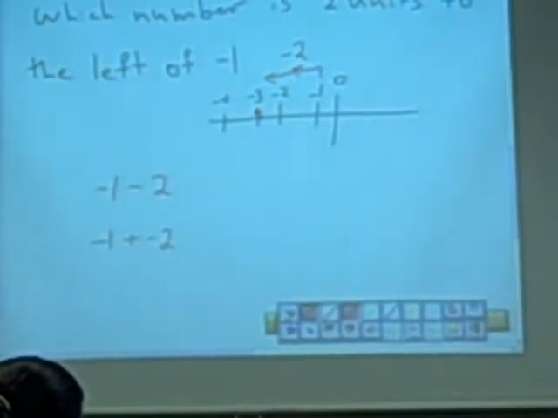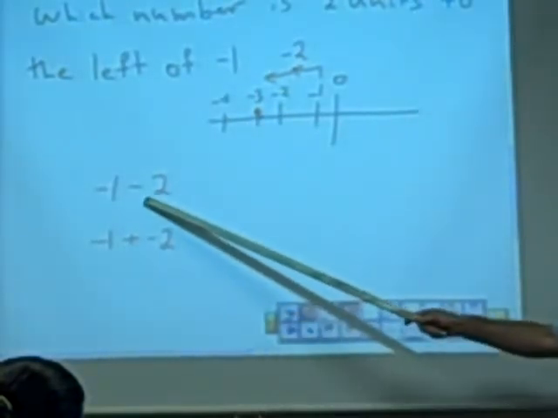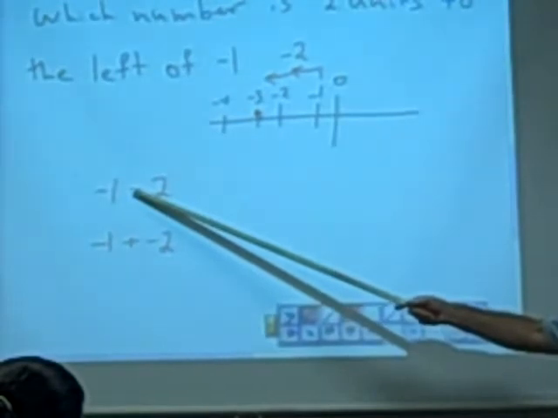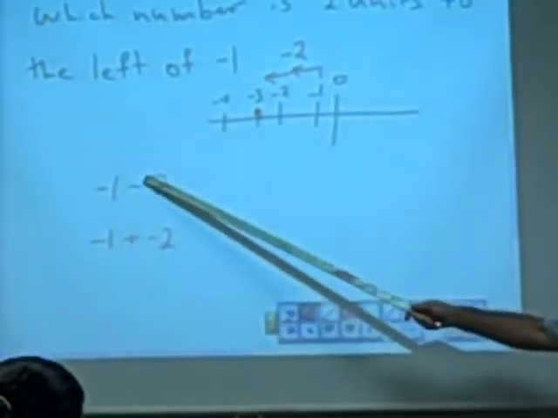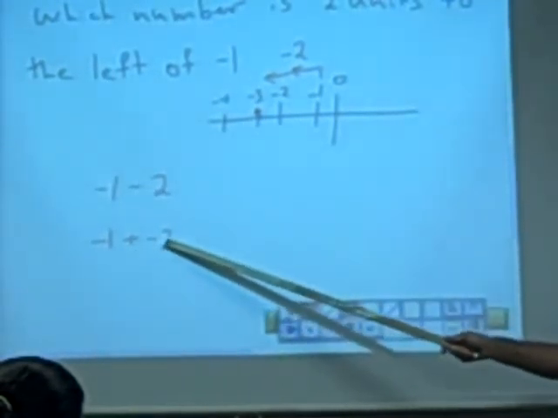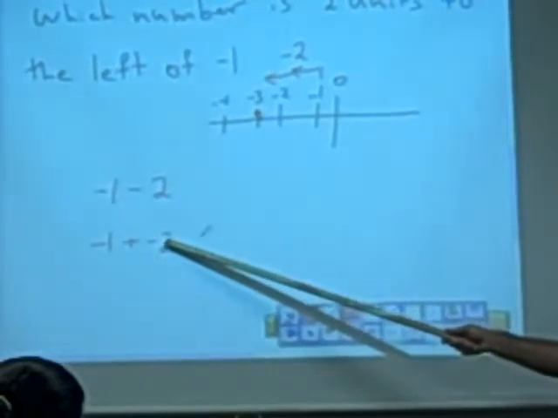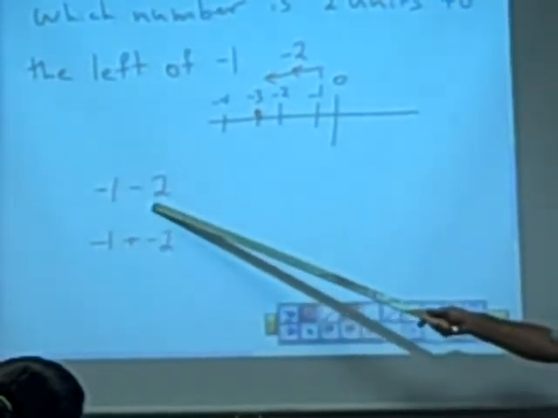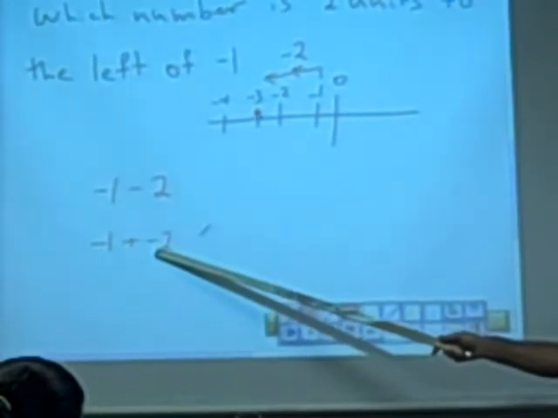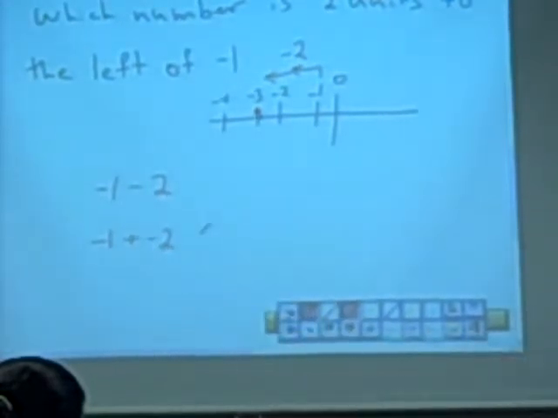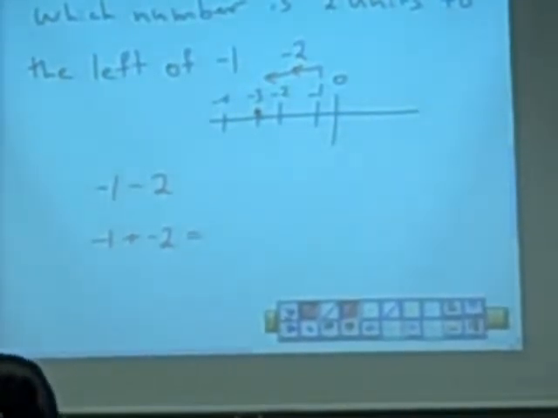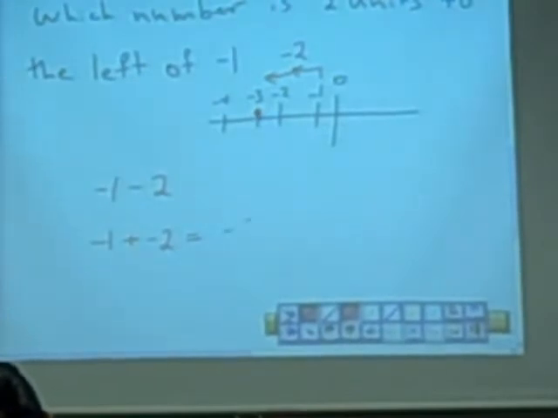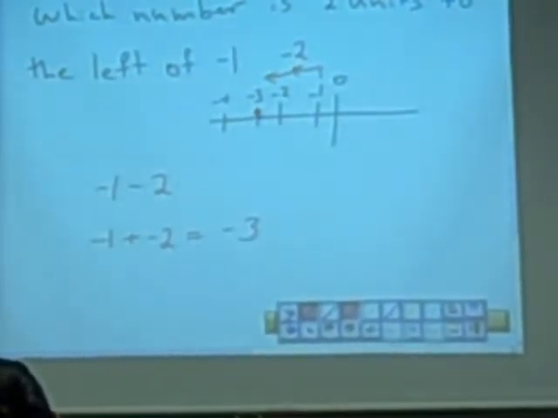So what we're doing here is we're applying the property of subtraction, where we're taking the negative and making that a positive, and changing the sign of the next term. Now you don't have to do this, but a lot of people find this helpful to show that I'm actually adding negatives. And so we get a -3.